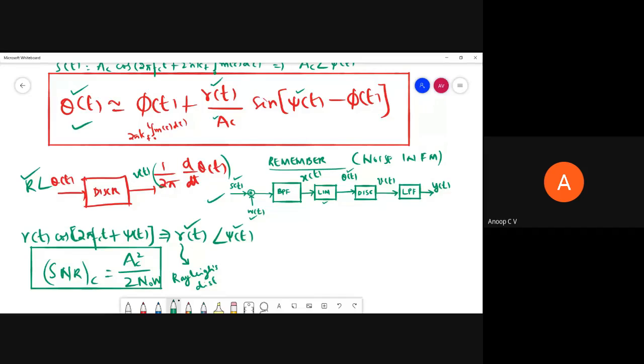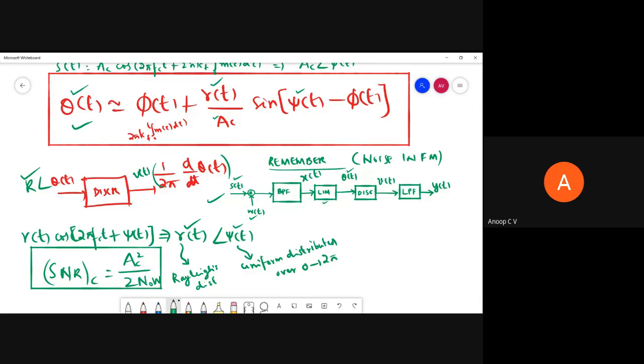We have studied different types of distribution: uniform distribution, Gaussian distribution, Rayleigh's distribution, chi-square distribution. All those distributions you have learned. So the envelope of a narrowband noise process is Rayleigh distributed, and the phase will be uniformly distributed over 0 to 2 pi, right.